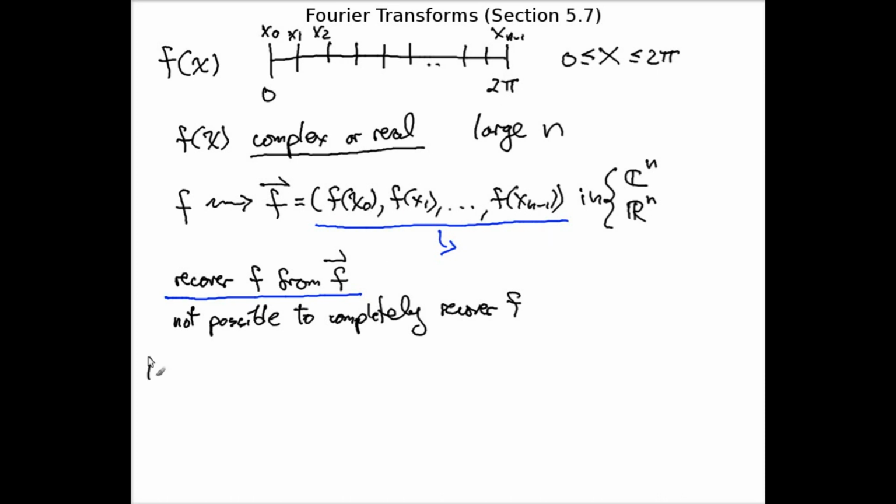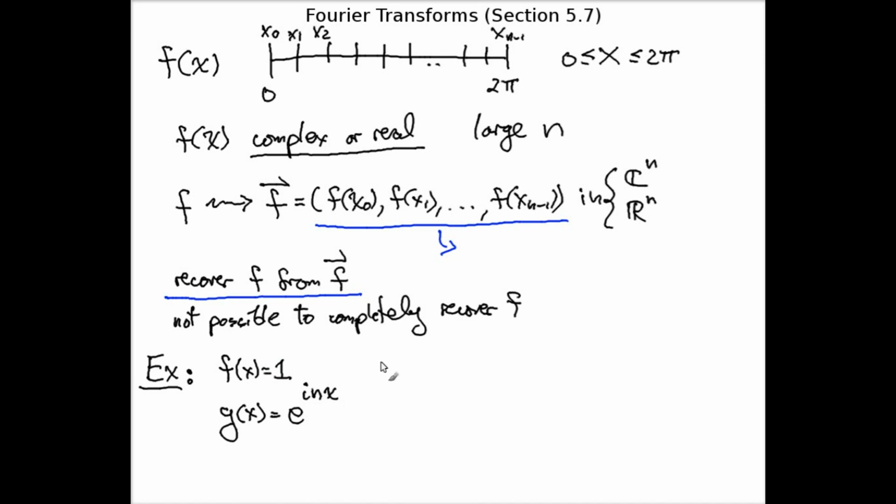So, for example, suppose I looked at the function f of x that is just a constant function, and suppose I looked at the function g of x is the function e to the i n x.